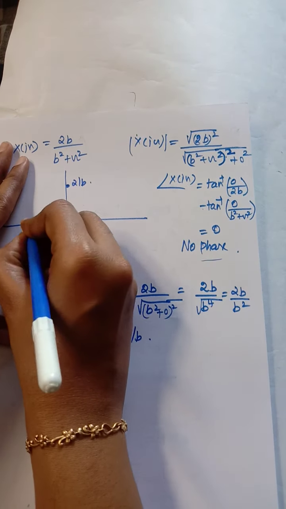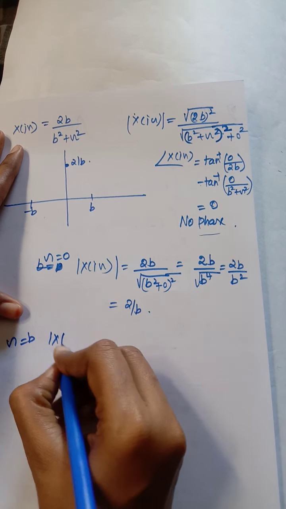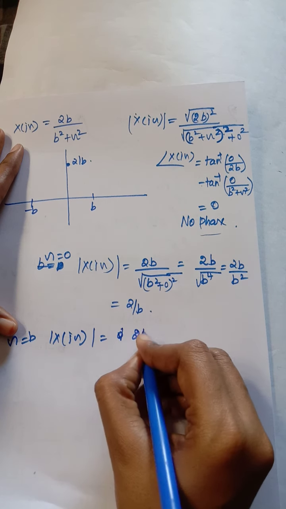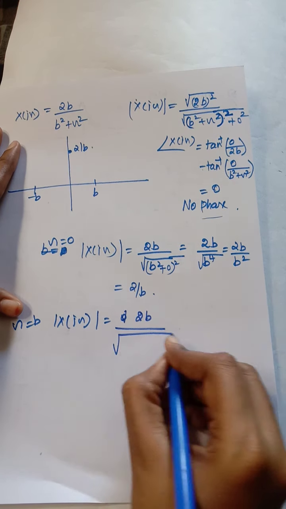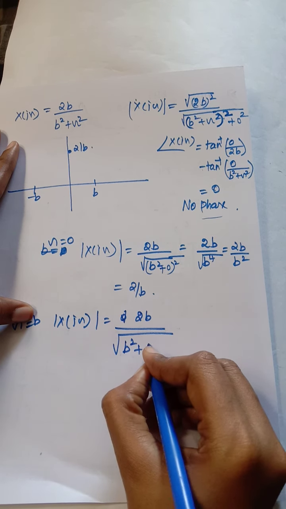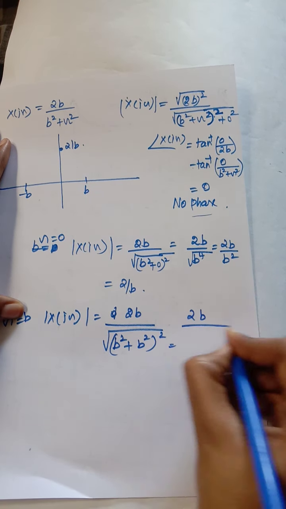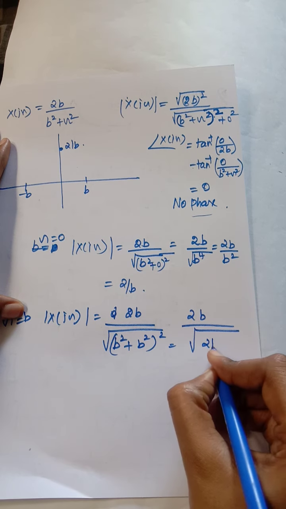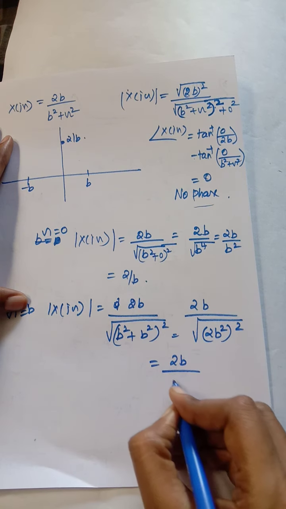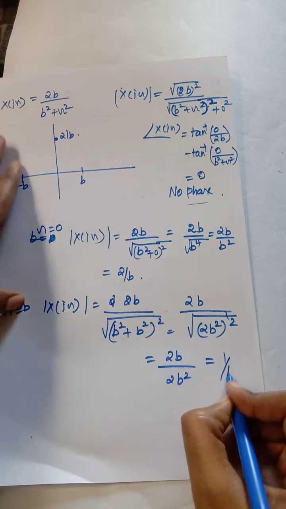Similarly we need to find it for omega equal to plus b and minus b. So I will take omega equal to b. In X of j omega, the numerator is 2b alone, divided by the square root of b square plus b square the whole square, so 2b by the square root of 2b square, which gives 1 by b.